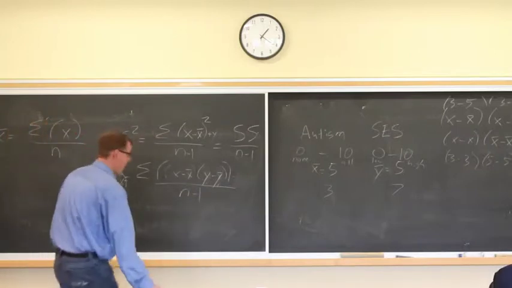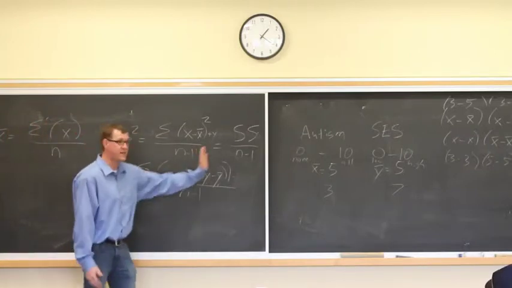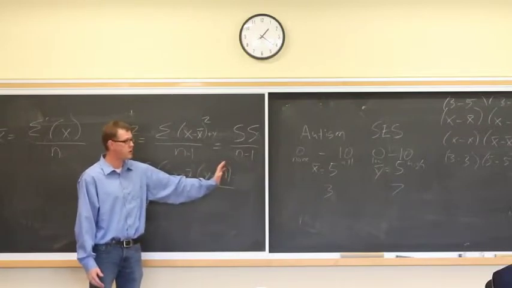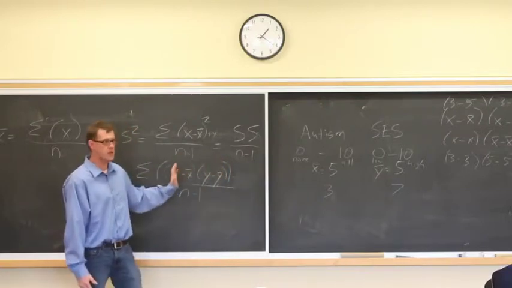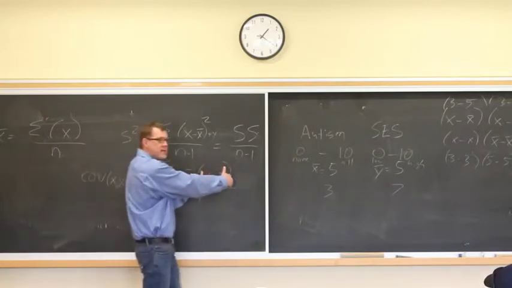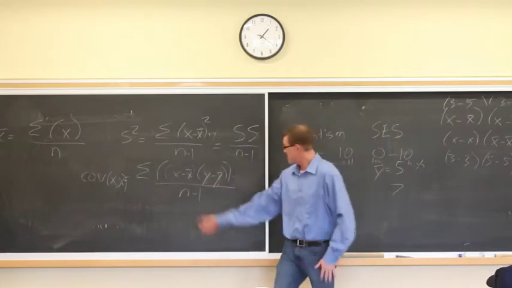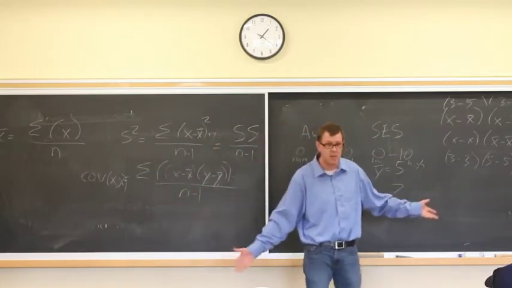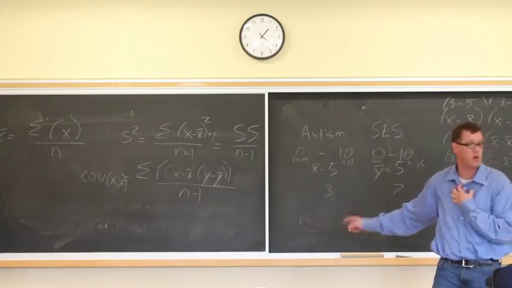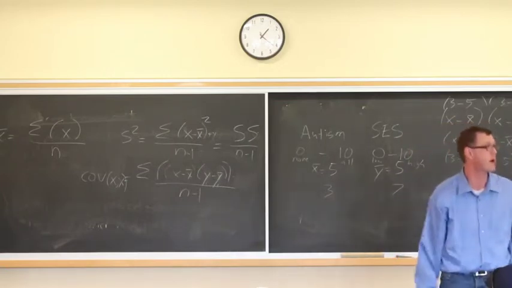If you think about it, when you're just looking at x with itself, you just have the same terms repeated. So if instead we want to look at how x goes with y, we're going to have x in one part and y in some other part. In this denominator, it's going to stay the same because you observe my autism and socioeconomic score. You observe his autism and socioeconomic score.